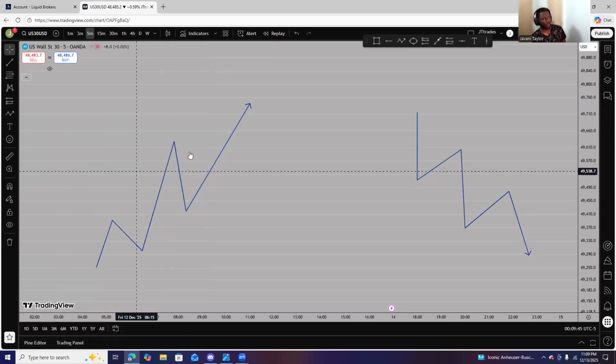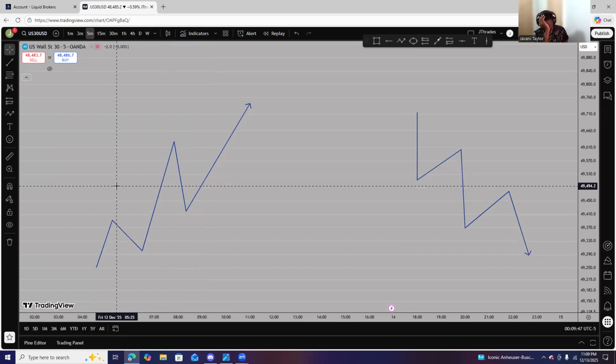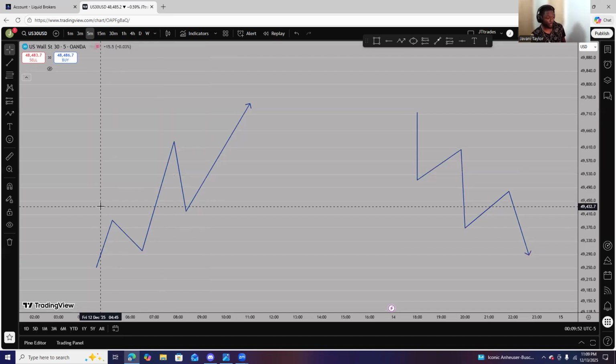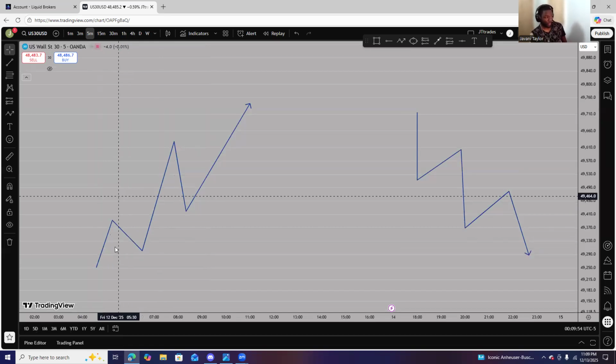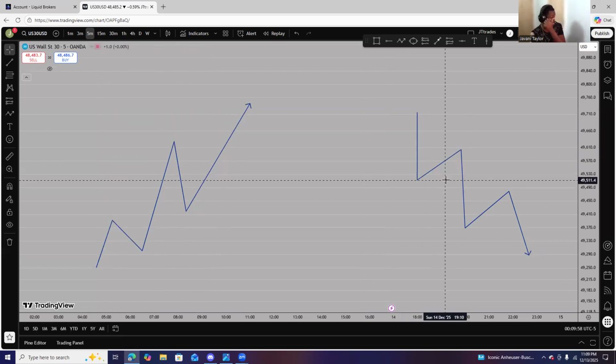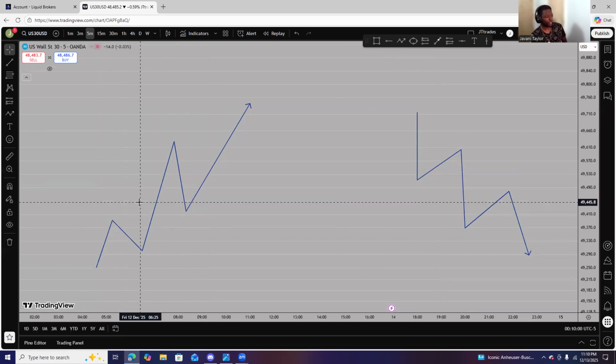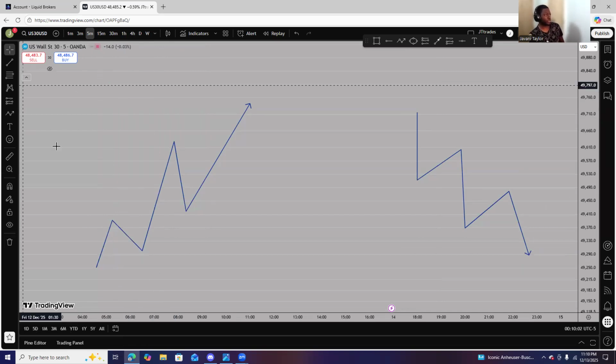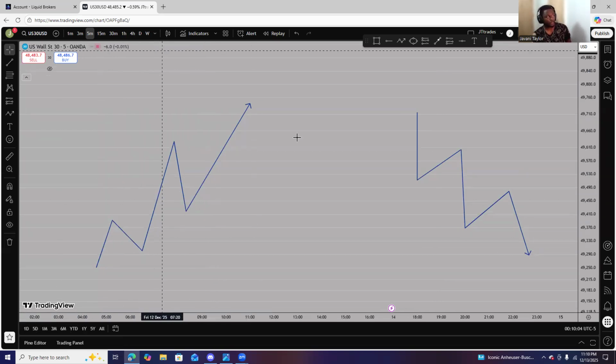Just like a snake goes left, right to go forward, the market goes up, down to go up, and it does the same thing to go down. It's just that you have a push and a pull. And we're going to get into that on the charts shortly.